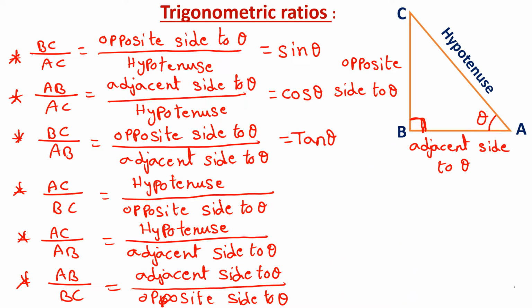Now one more: AC by BC is cosecant theta, the reciprocal of sine theta. Sec theta is the reciprocal of cos theta, and cot theta is the reciprocal of tan theta. Let us see this on another page, children.